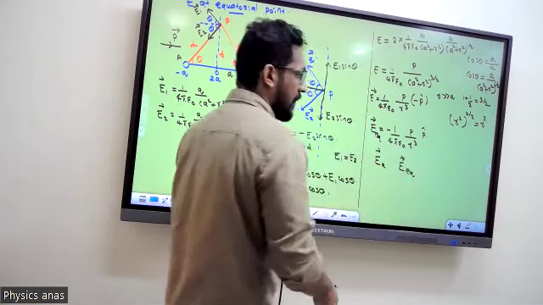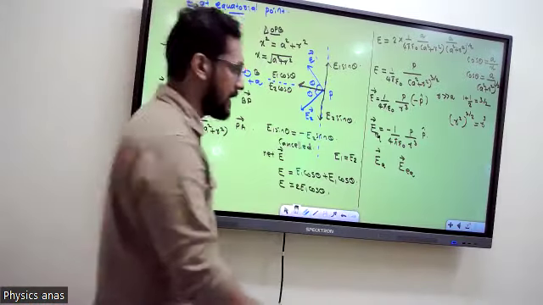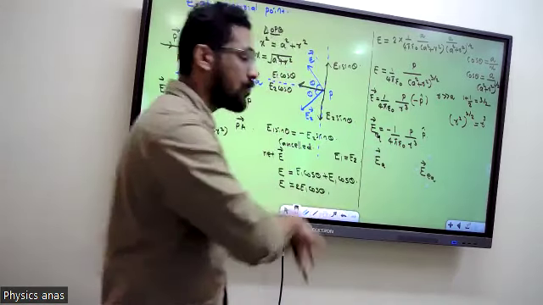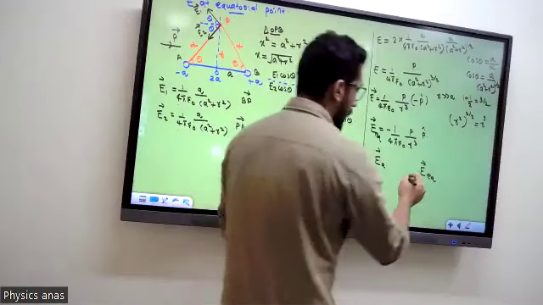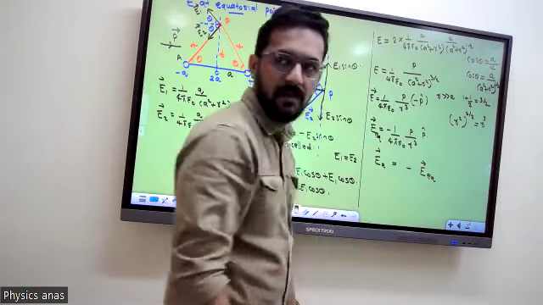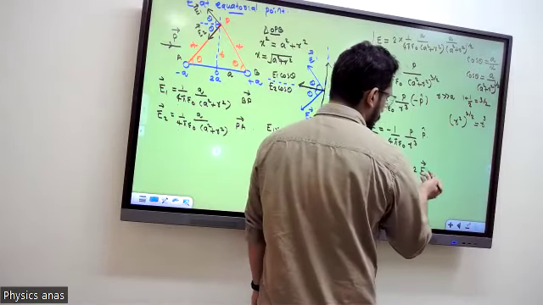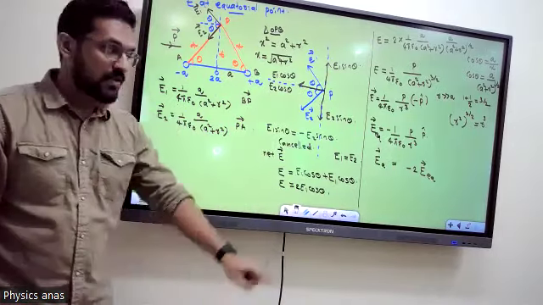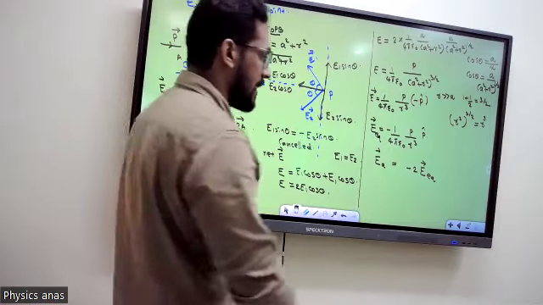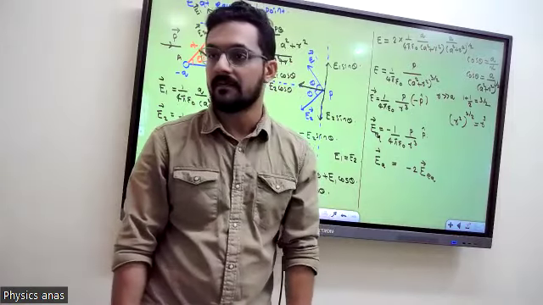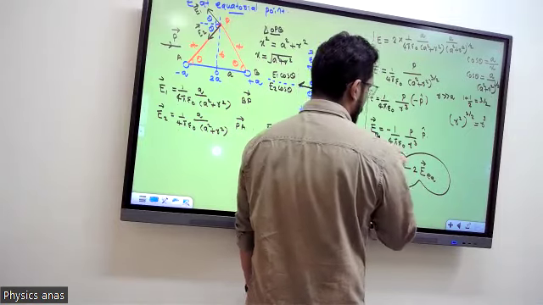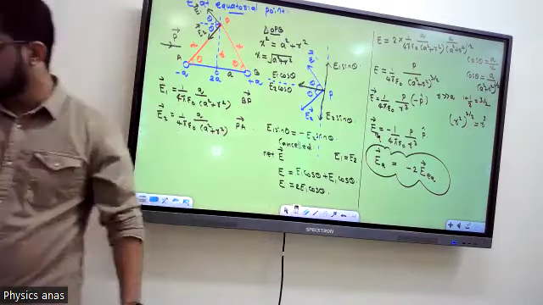In the equatorial electric field, you have a minus, and there is a 2 in the axial equation. If you multiply 2 with equatorial, the minus sign will be gone and you will get E axial, because in the equation of E axial there will be a 2. So E axial will be equal to minus 2 into E equatorial. This is the relation between E axial and E equatorial.